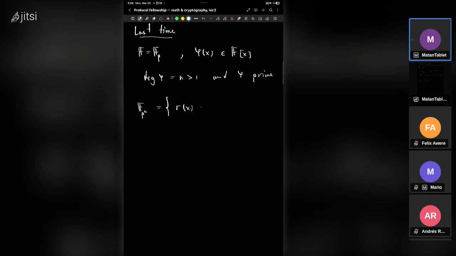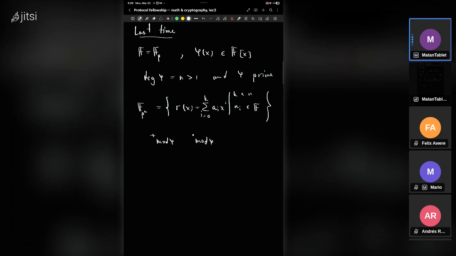So this is R(x), the sum of a_i x^i from i equals 0 up to k, such that k is smaller than n, and the a_i are in F. And on this set, we saw that addition modulo phi and multiplication modulo phi turn it into a field.